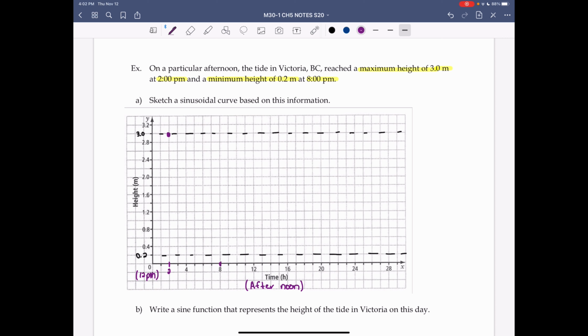And we have a minimum at 8 p.m., so put a point at x equals 8 and y equals 0.2. That would have to be half of a cycle to go from a max to a min. 8 minus 2 equals 6 hours is half a cycle.